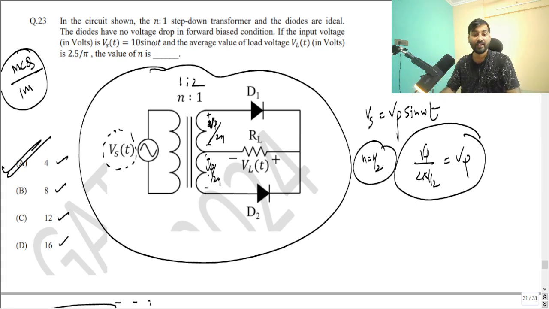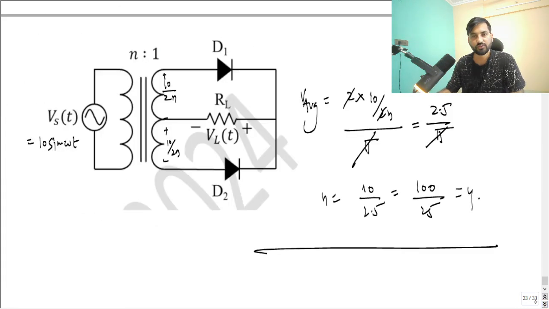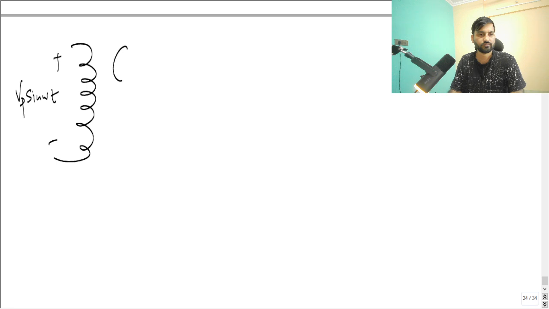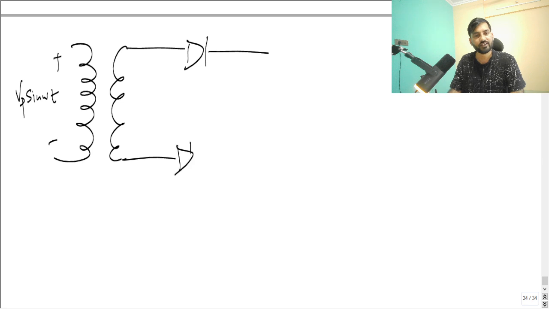Let me tell you, let's say we have this kind of situation. Let's say that this is Vp sine omega t. You can try it differently.